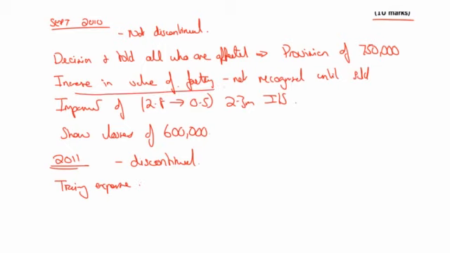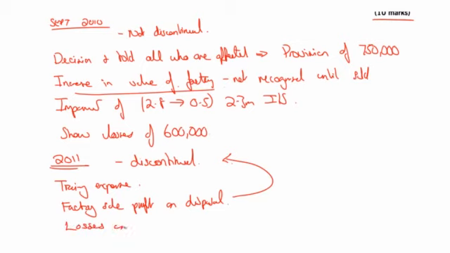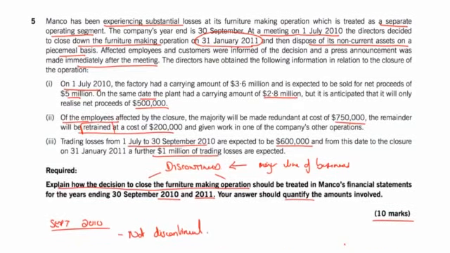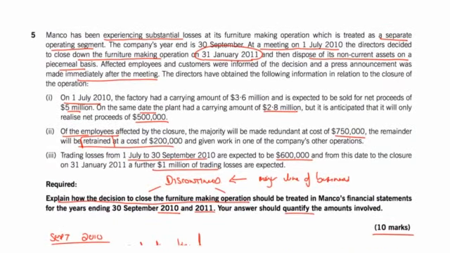The increase in the value of the factory, so the factory sale profits, profit on disposal would go in here, into the discontinued column. Okay, and obviously you would show the losses until disposal. And I think that's pretty much everything that we've done there. Okay, that's how you answer that question.